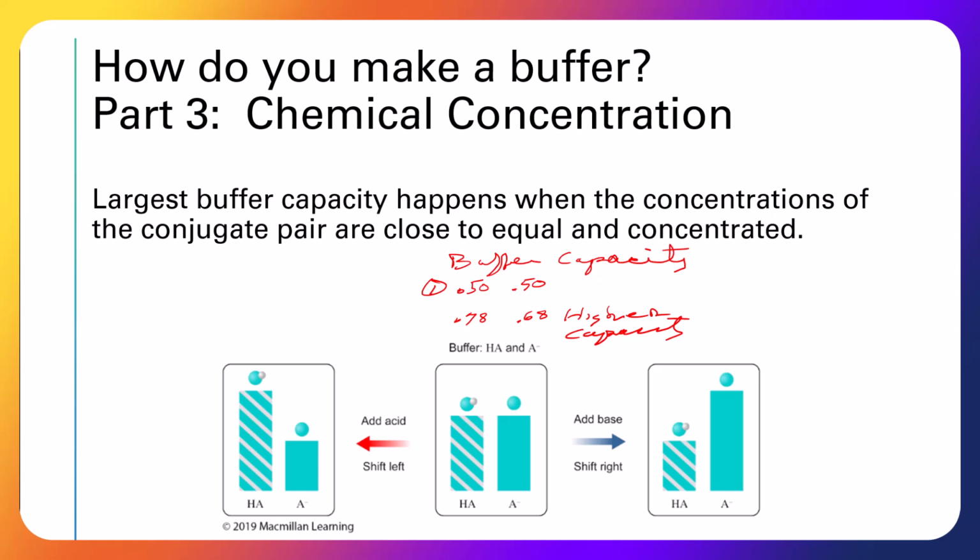But the second, number 2 over here, can absorb 0.78 concentration of strong base and 0.68 of strong acid, which is higher on both sides of the buffer. Even though they're not exactly equal, this is the higher buffering capacity because it's larger on both sides of the buffer, the weak acid side and the weak conjugate base side.